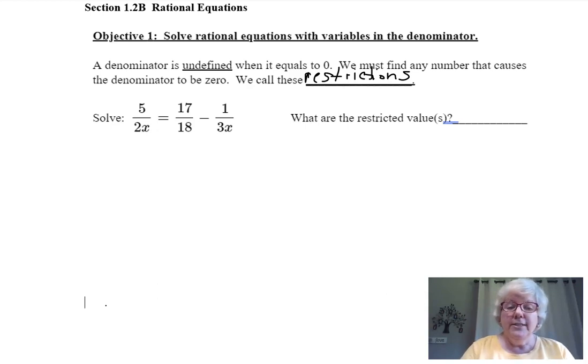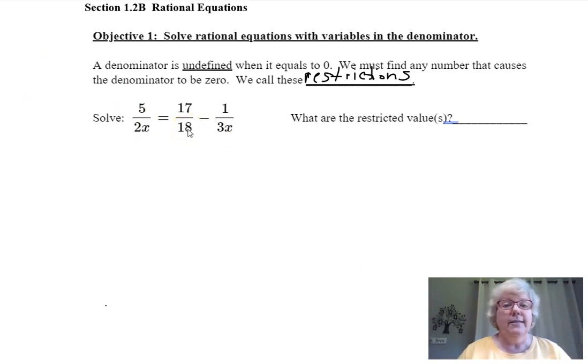In this first example, we want to find what are the restricted values. So look at 2x. What would x need to be to multiply by 2 to make that a 0 denominator? The only number you can multiply by to give you a 0 is 0 itself. So 2 times 0 is 0, and we don't want that.